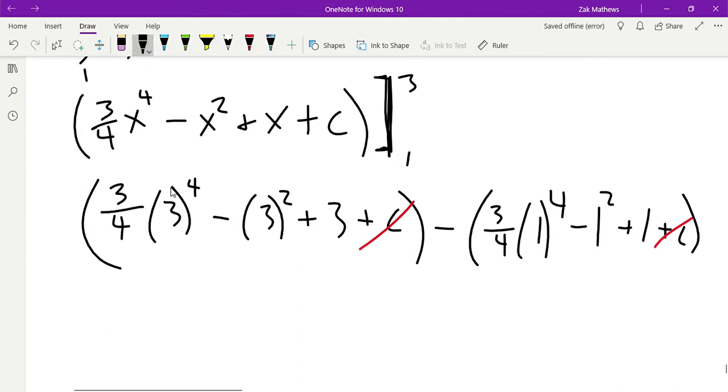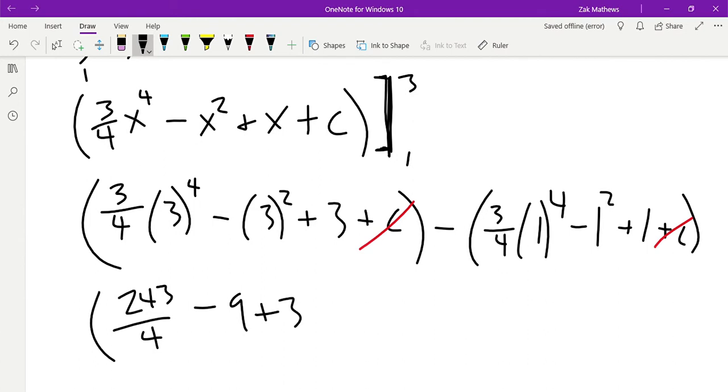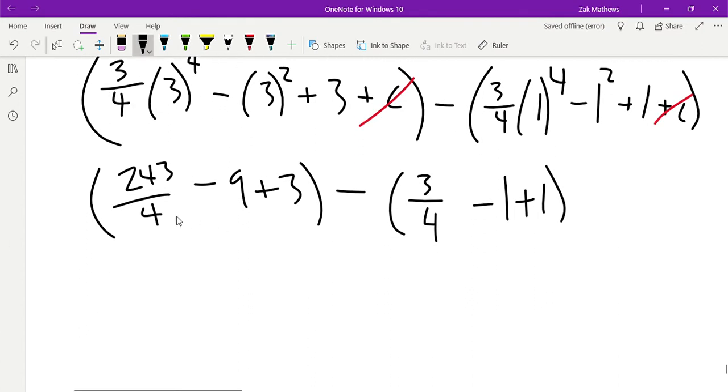So we have 3 to the fourth, which is 81 times 3 will be 243 over 4. Then we have 3 squared, which is 9, plus 3, minus 3/4, then we'll have minus 1 plus 1. And so I'm going to work with the fractions first. We'll have 243 minus 3 over 4, and 240 over 4 does simplify to just 60.